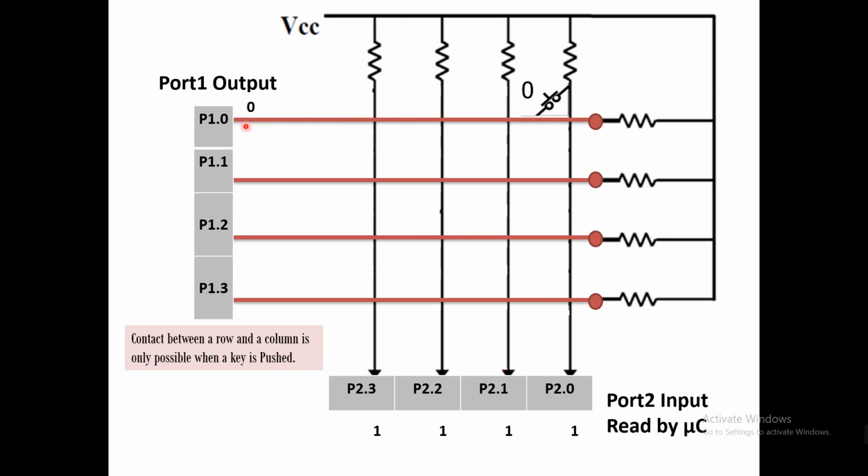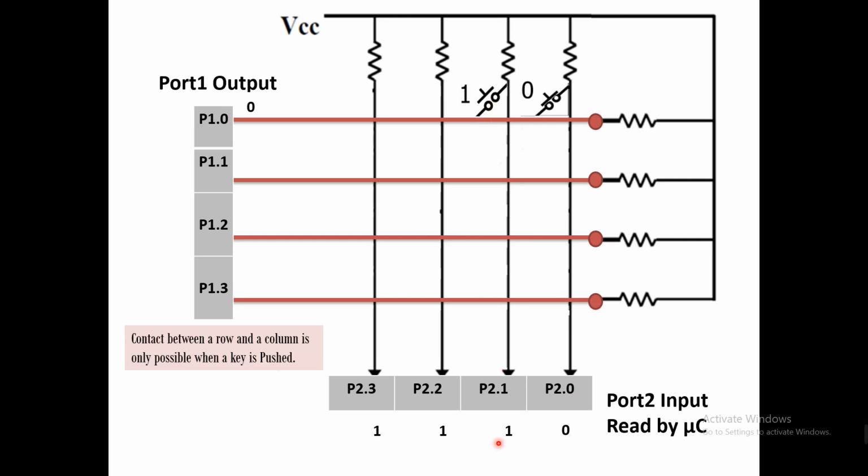So this 0 is directly connected through the switch wire, and this 0 will appear here. So now P2.0 will no longer be 1, it will change from 1 to 0, and you can see it now becomes 0. For the second switch, the switch is not pressed, so it will still have value 1.